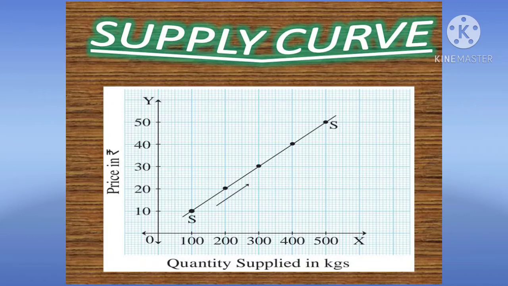Supply curve SS slopes upwards from left to right, which has a positive slope. It indicates a direct relationship between price and quantity supplied.